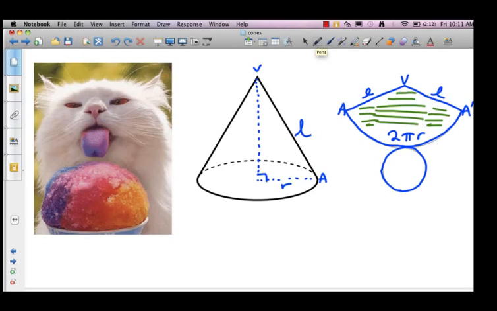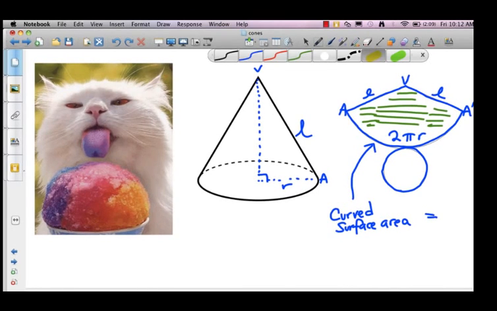So then when we look at the parts together, how to find the surface area of the cone. The surface area of the cone, then we have the curved surface area. Let's look at the different values that we have. We have circumference.